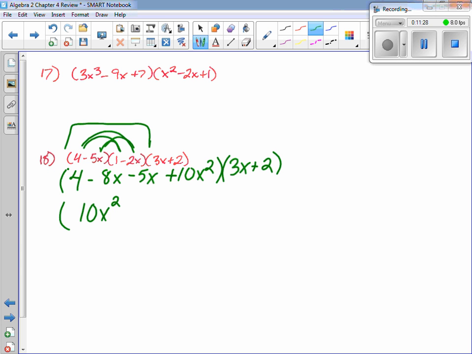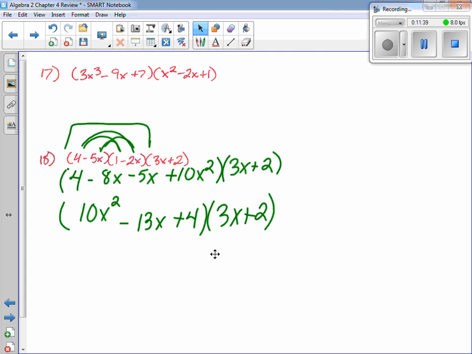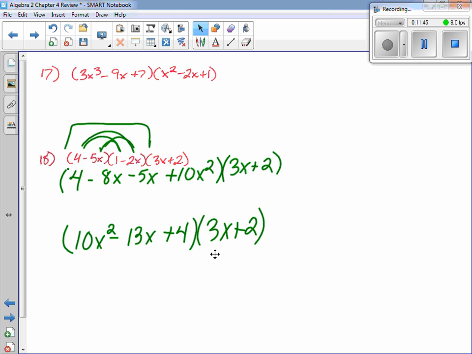Negative 8x minus 5x would be negative 13x plus 4. And writing this in standard form is not completely necessary, but I would highly suggest combining like terms before you do the next multiplication.